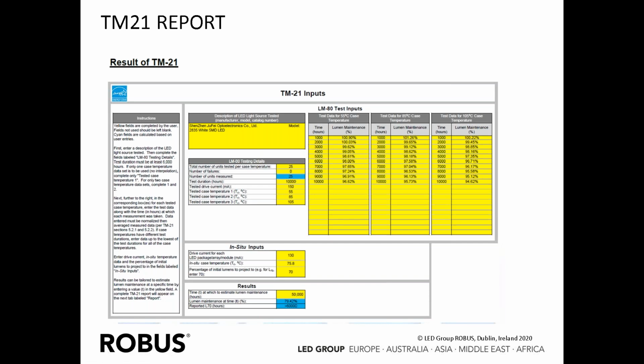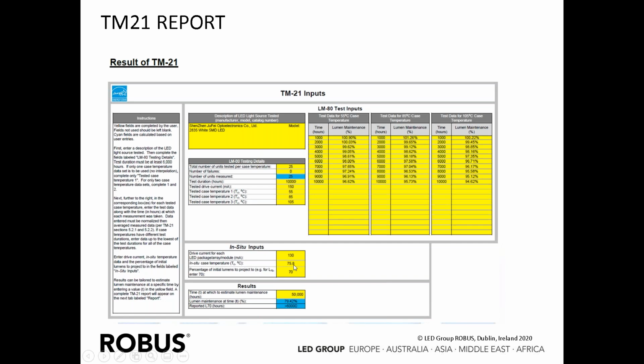When it's actually put into the product and tested, the actual drive current was 130 milliamps. And it's important for TM21 to have actual physical data of the complete luminaire. So 130 milliamps. The in situ case temperature of the LED was 75.8.